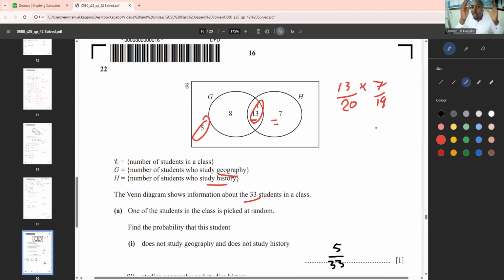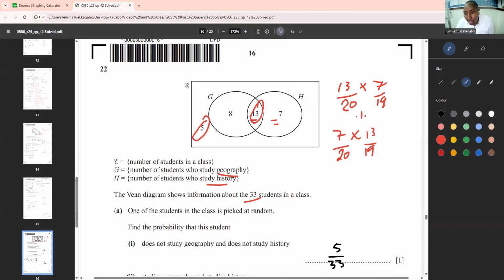Here I pick geography first, then history second. What if I pick history first? It will be 7 over 20, my bad, because I'm picking. Then you pick 13 over 19.